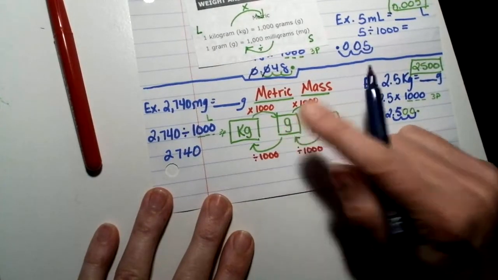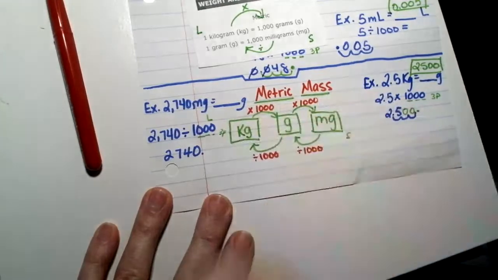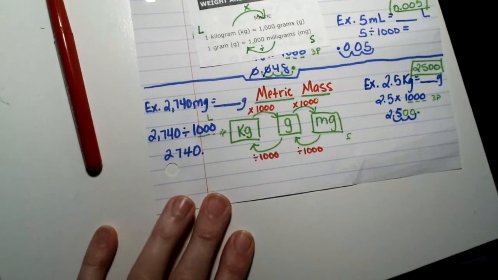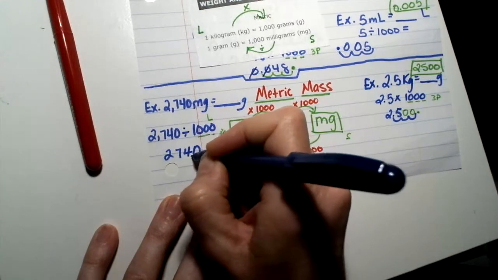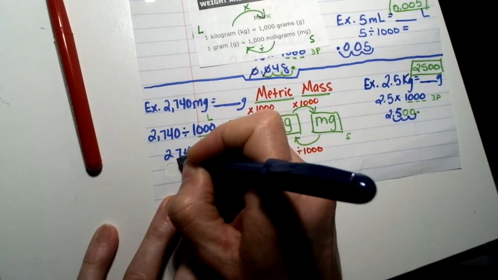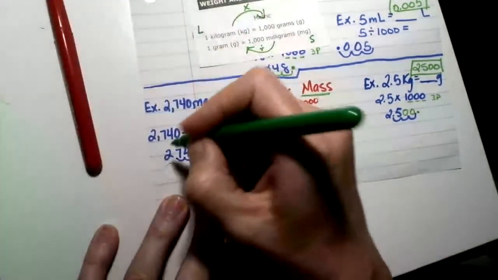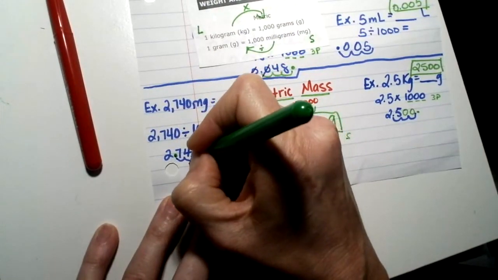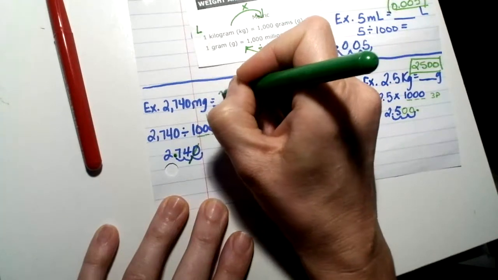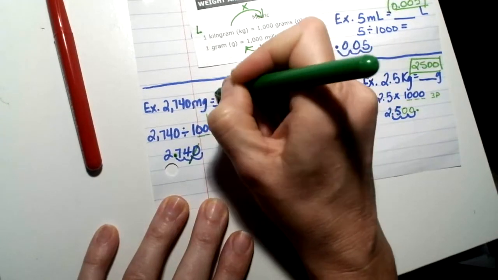It's going to the left. My decimal exists here. Okay, and I'm going to move it 3 place values. 1, 2, 3. That means that decimal is going to end up right there. And I can drop off that 0. So my final answer would be 2 and 74 hundredths of a gram.